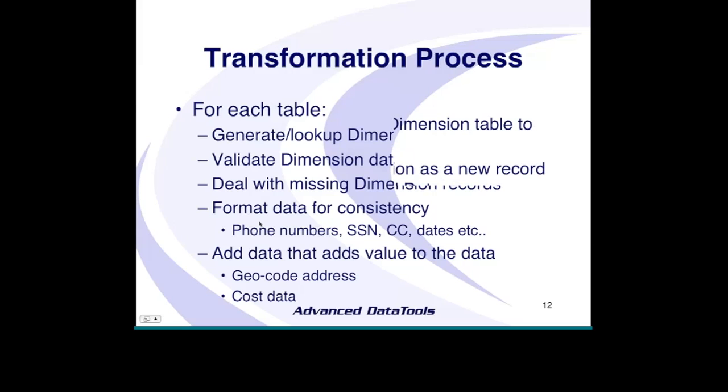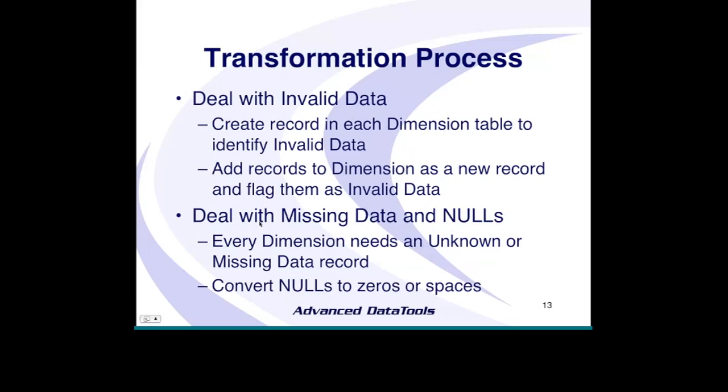Now, invalid data in dimension tables is really important. You want a record in every dimension table that identifies invalid data. Let's say I'm loading a product table, and I get a record in my load file whose product code is not in the dimension table. There are actually two ways I deal with it, depending on the situation and the user requirements.